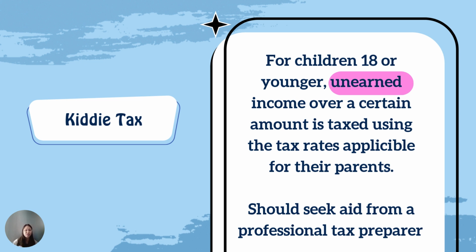It's just a weird little caveat, but you should seek aid from a professional tax preparer, not the VITA site, if you have kiddie tax that is going to be paid for your children or your dependents, etc., because this is a really complex topic and VITA doesn't want to screw it up.